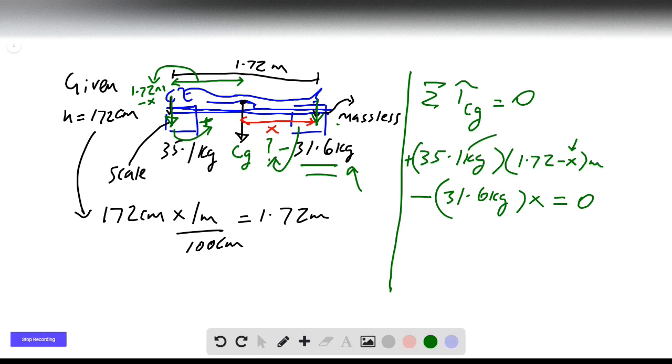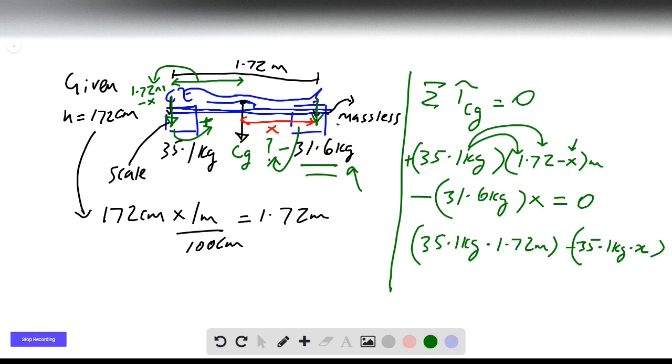So this one and that one, we have 35.1 kilograms times 1.72 meters, and then minus 35.1 kilograms times x, and then minus 31.6 kilograms times x, like that. That's equivalent to 0. And we're going to go to the next page.